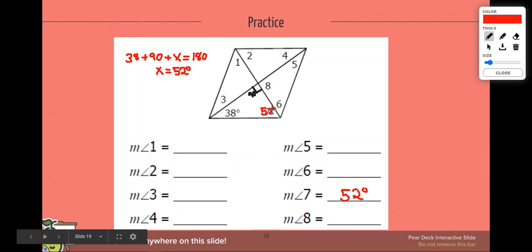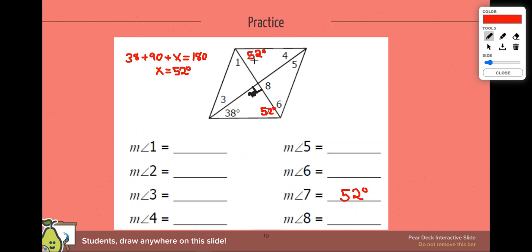If we know angle 7 is 52 degrees, then we know angle 2 is 52 degrees, because alternate interior angles are congruent. From here, we can continue to solve for our missing angles by using the fact that the diagonals bisect a given angle.